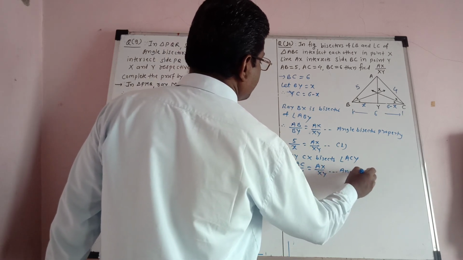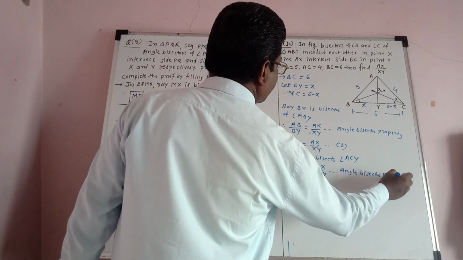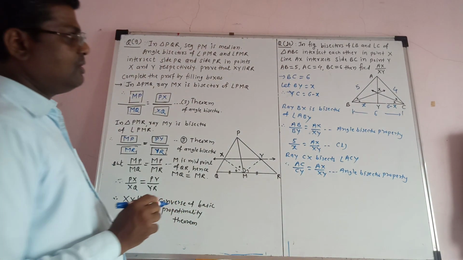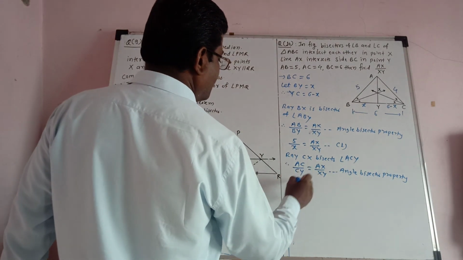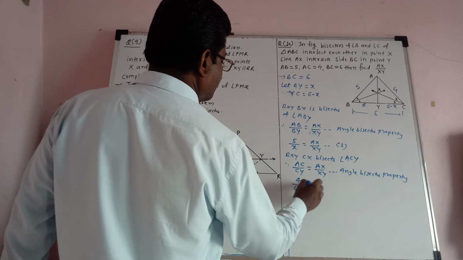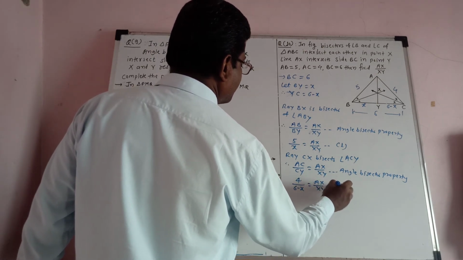Now the value of AC is 4 and the value of CY is 6 minus x, so 4 upon 6 minus x is equal to AX upon XY. This is equation number 2.